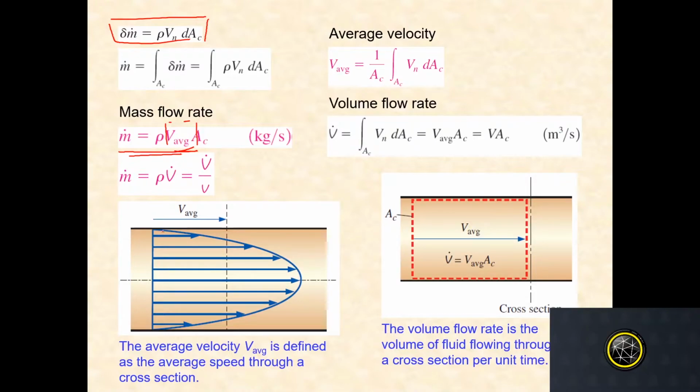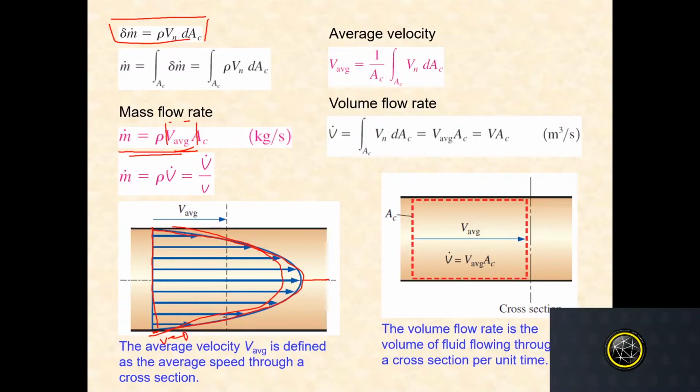For example, here you can see in the figure below, due to the no slip condition, the velocity at different heights is different. The velocity at the center is higher. The velocity at the wall is for sure equal to zero because of the no slip condition, it's equal to the velocity of the wall itself.